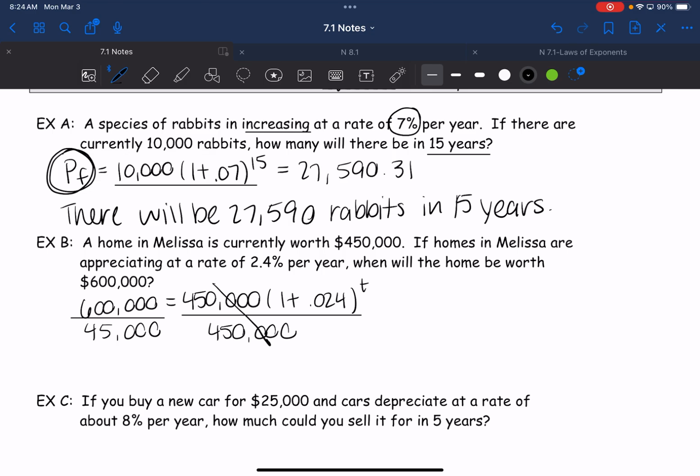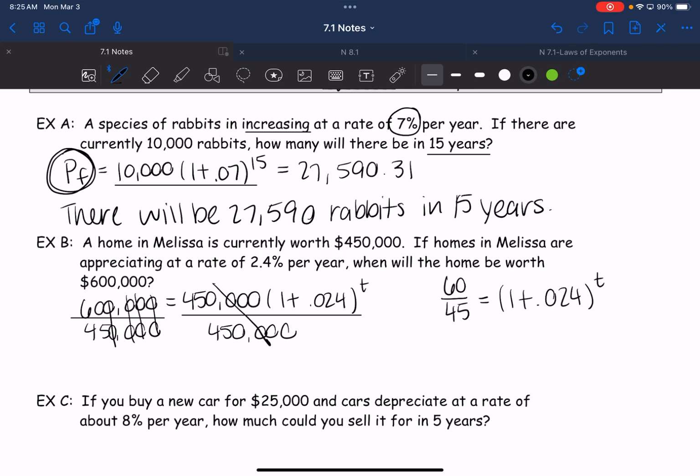Those would divide out. And I also could divide out a bunch of zeros, right? These zeros would divide out, and one more there. Okay, so really all that I'm now left with is 60 over 45 is equal to 1 plus 0.024 raised to the t, right?